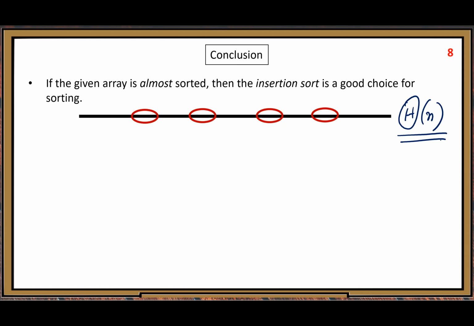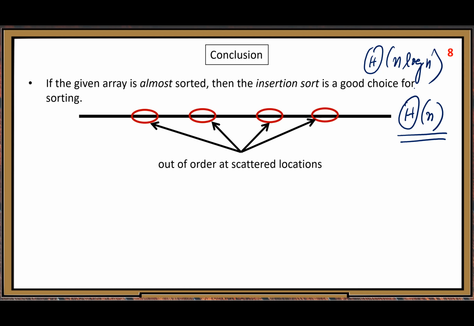If you use other sorting algorithms in the market, the best you can do is big theta of n log n. But this is much better. So that's the reason this method is the best for this kind of data.